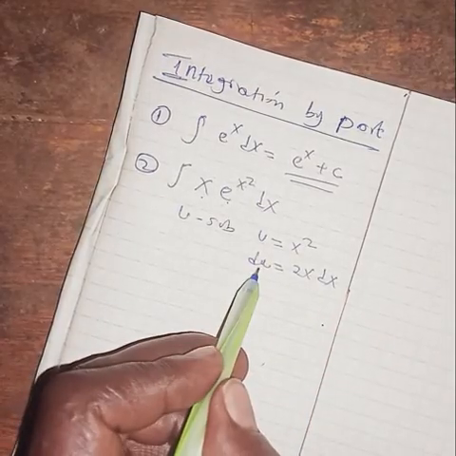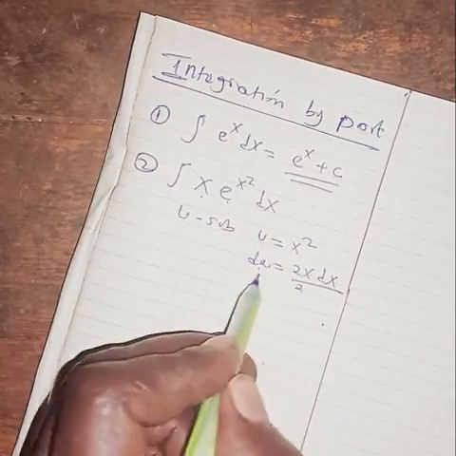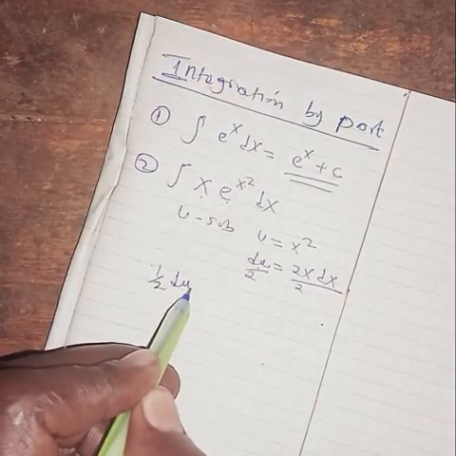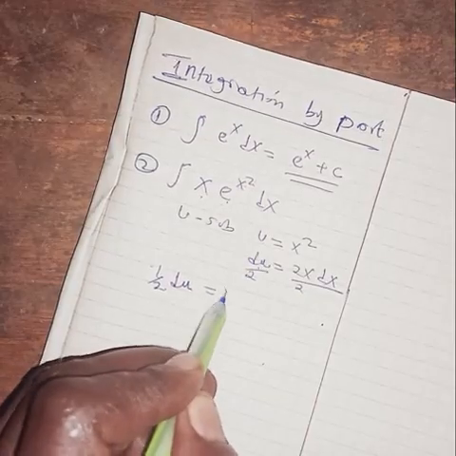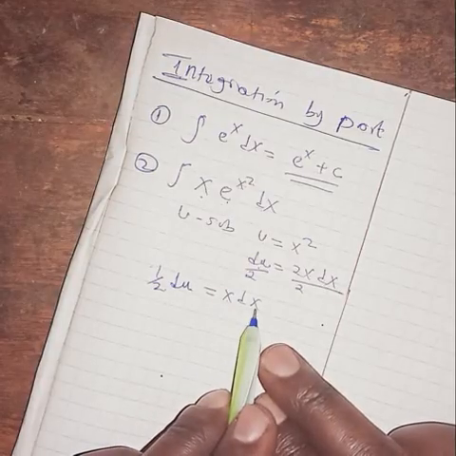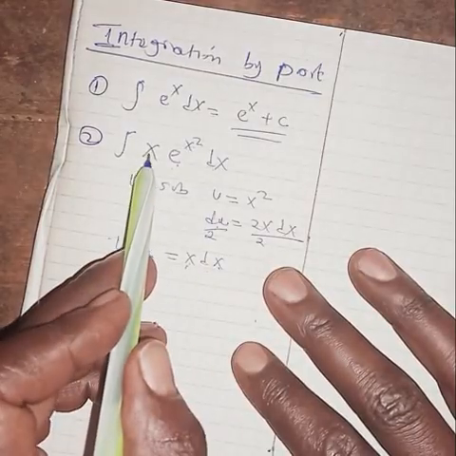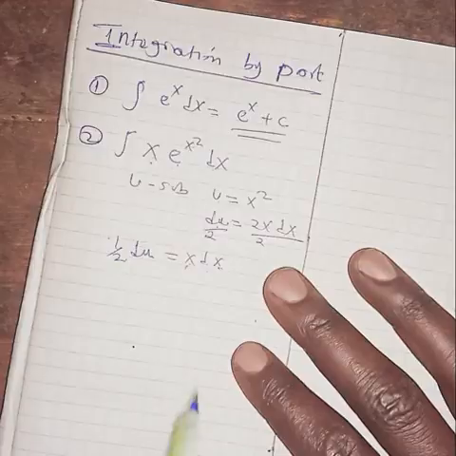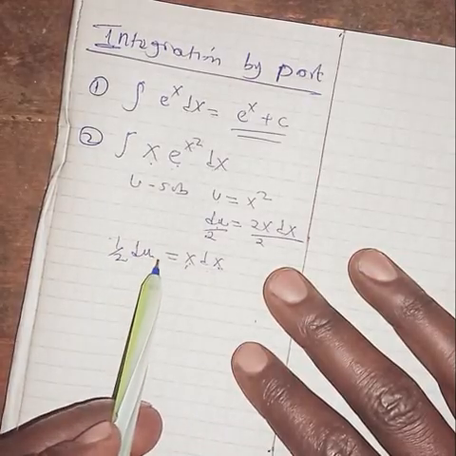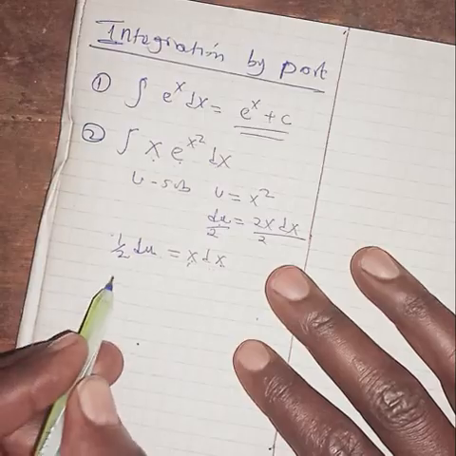If we rearrange it, over 2, we get a half du is equivalent to x dx. In our function, we have x dx. This is it, x dx. So where there is x dx, we place a half du. Hope we are together. Let us do so.